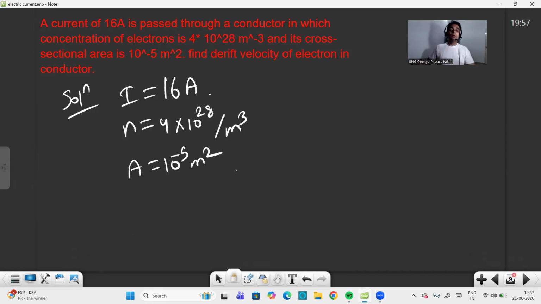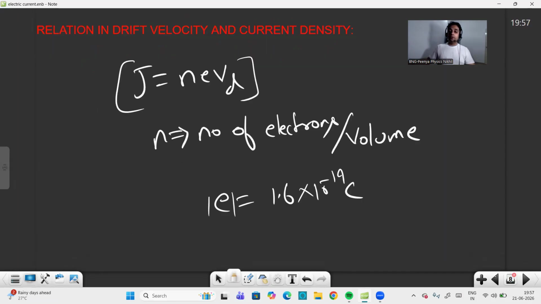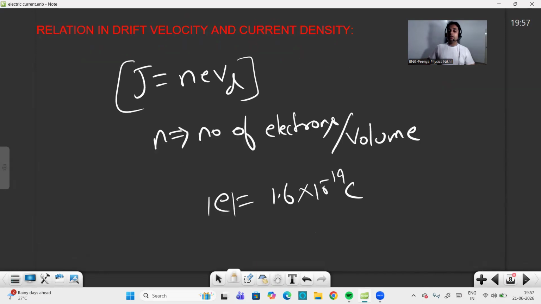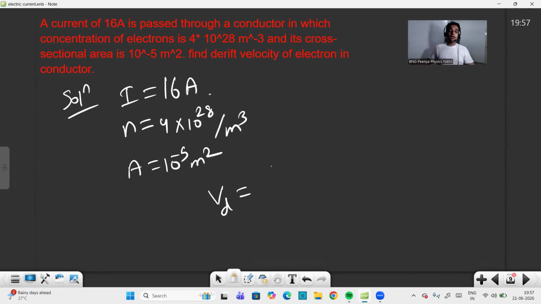Find the drift velocity of the electron. Drift velocity equals J by ne, or I by nEA. We'll use this formula here. So I is what?